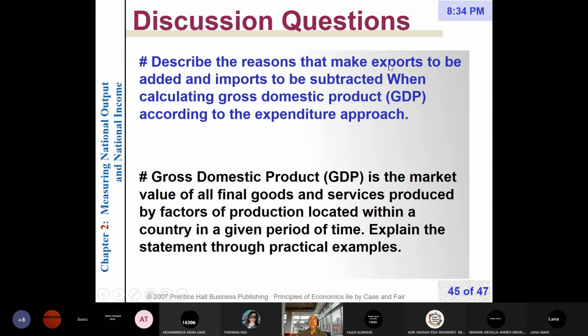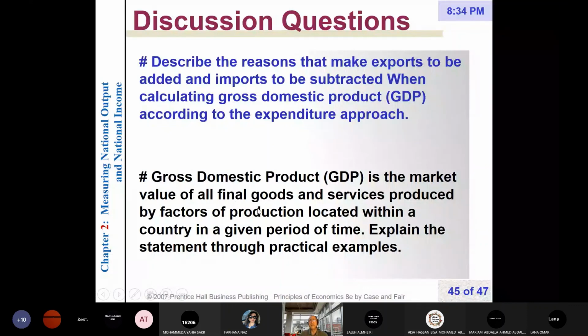Why do we add exports and deduct imports when we calculate gross domestic product? Because if we ignore them, that will lead to overestimation and underestimation. And I remember Lana helped me to answer this question.